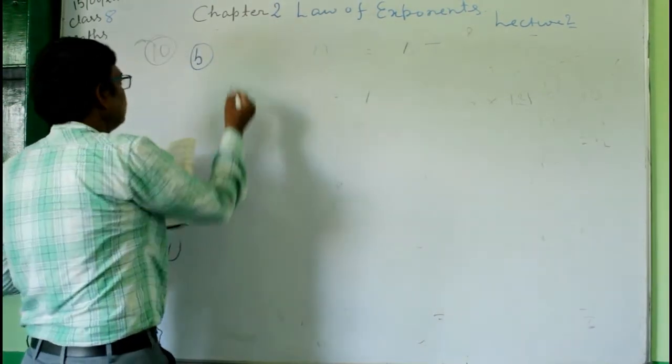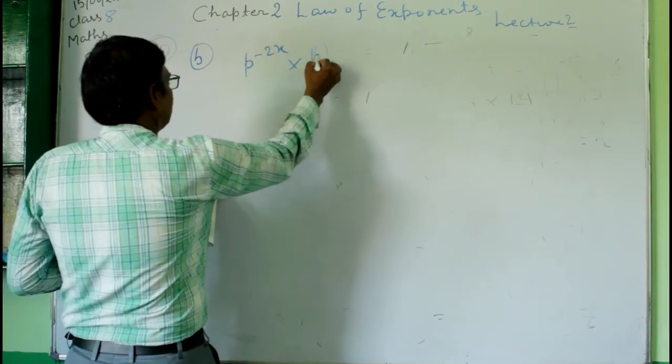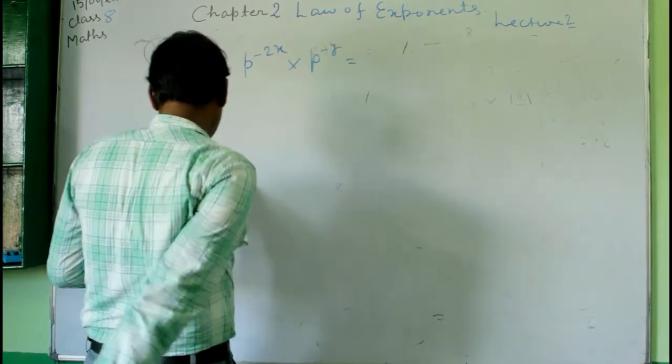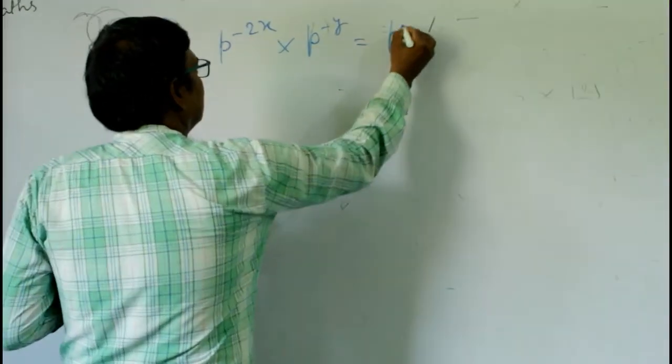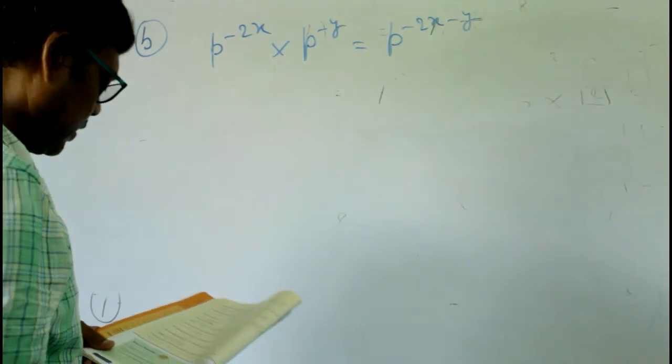In this, p to the power -2x into p to the power -y is equal to p to the power -2x - y. Whether this is true or false, find out.